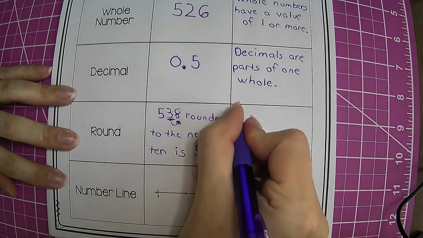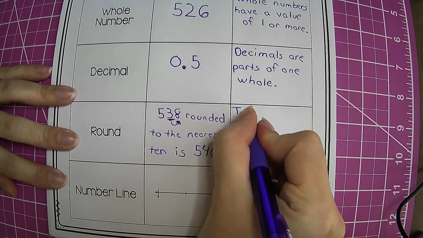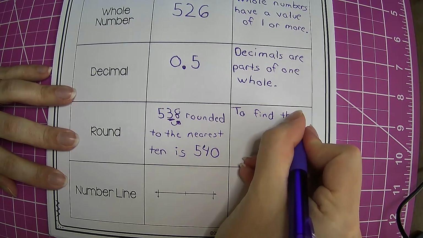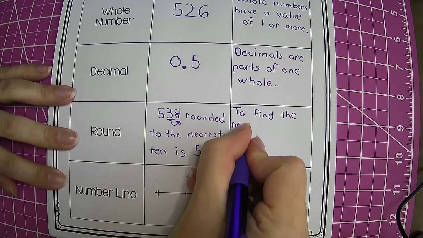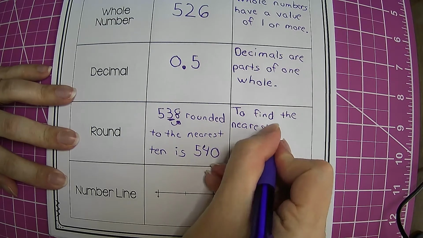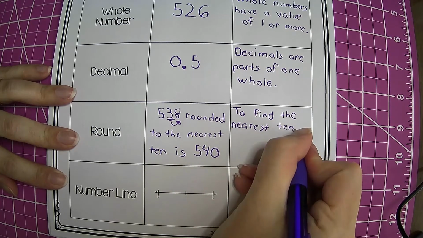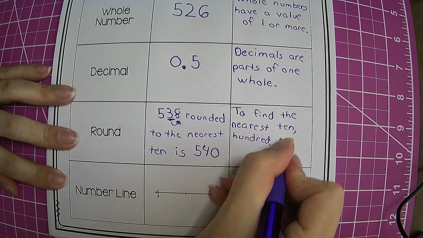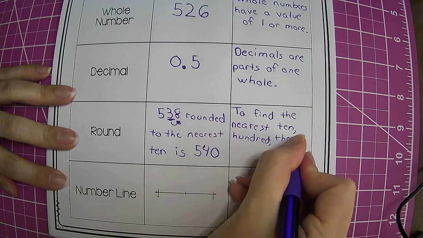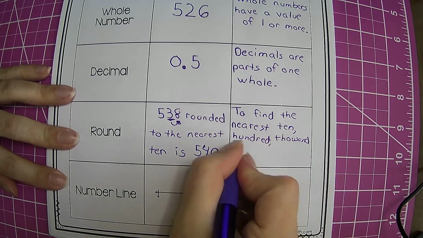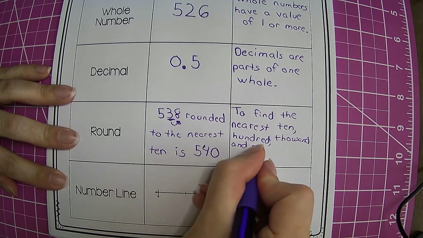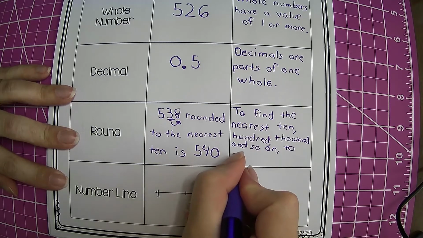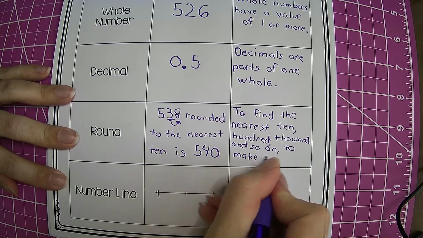Our definition is to find the nearest ten, hundred, thousand, and so on, to make calculations easier.